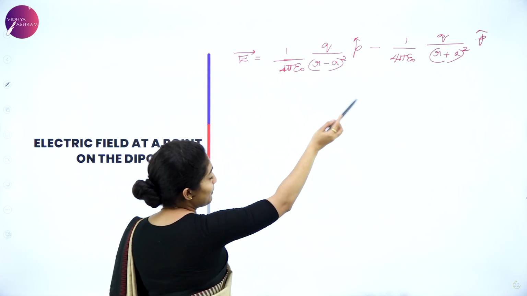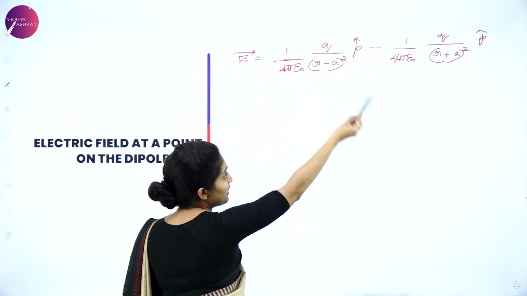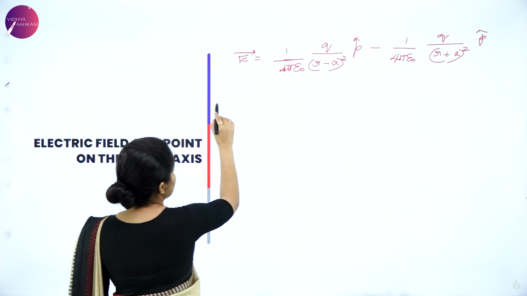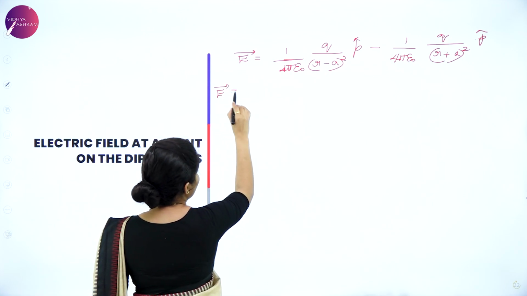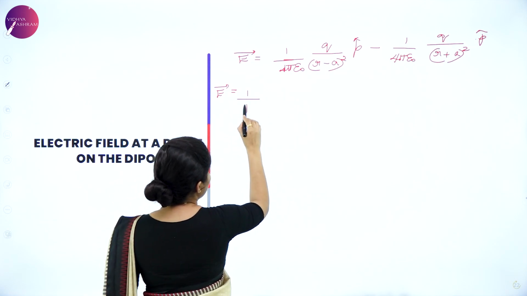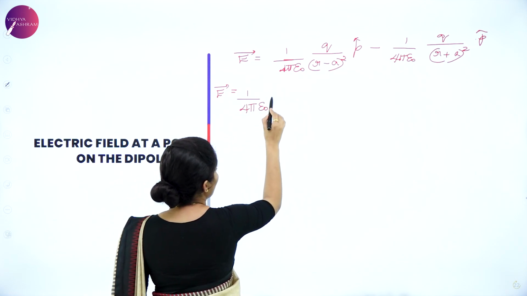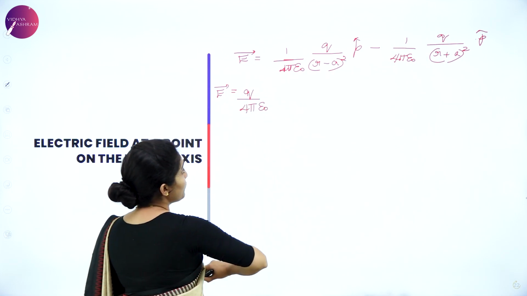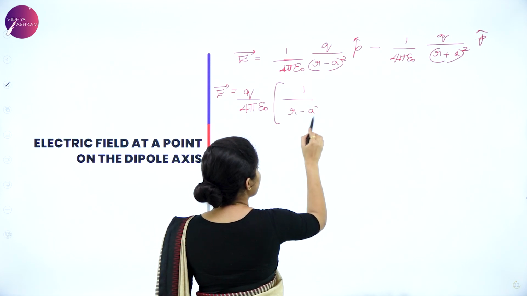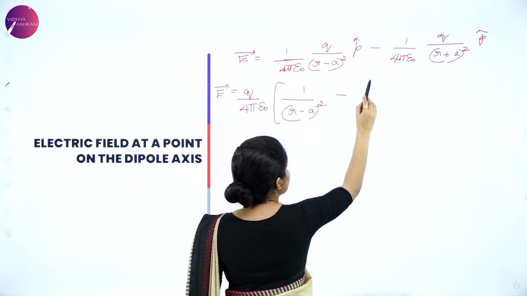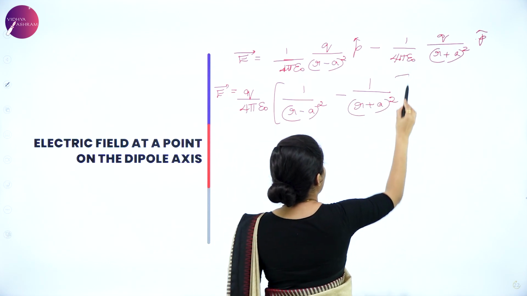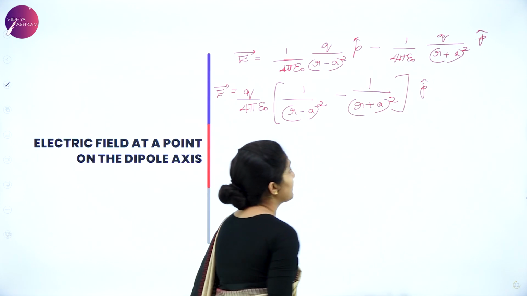But now I have multiplied that plus, that is center plus, with the minus. So plus into minus, I have got minus. Next, vector E is equal to, taking the common factor outside, 1 by 4 pi epsilon naught along with Q into 1 by (R minus A) the whole square minus 1 by (R plus A) the whole square, and we have P cap.